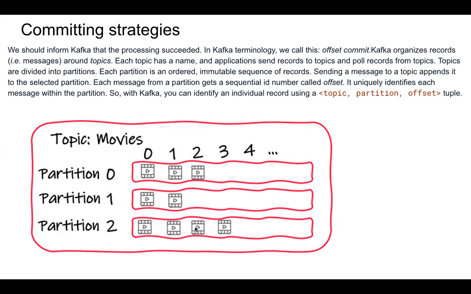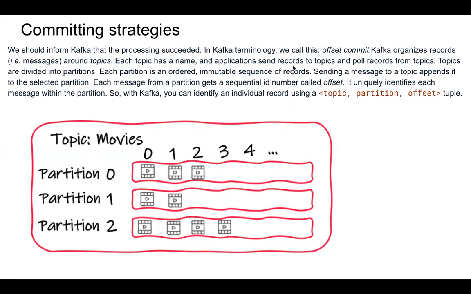So let's say that all the messages before this message got delivered. So this is the offset commit. It will mark the position of the record, that this one got delivered. So now the next one is coming ahead, and the next batch of records is not yet processed.